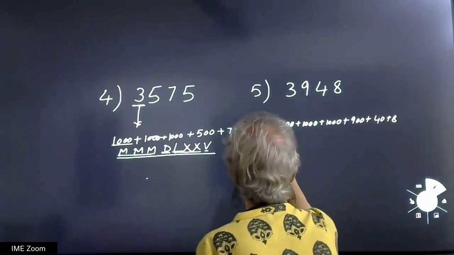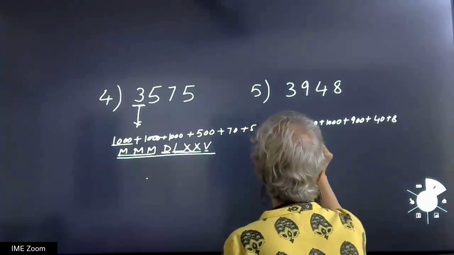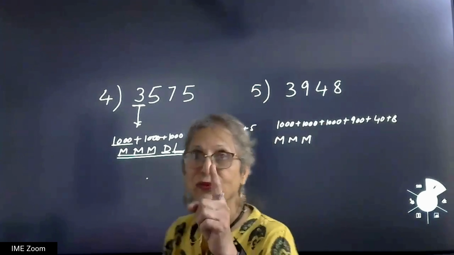Okay, and let us do this now. Again 3,000, that is 1,000 plus 1,000 plus 1,000. Now 90. 90 is 10 less than 100. So 10 means X. 900 it is. So 3,900 plus 40 plus 8. Here we will write MMM. Now 900 is 100 less than 1,000.